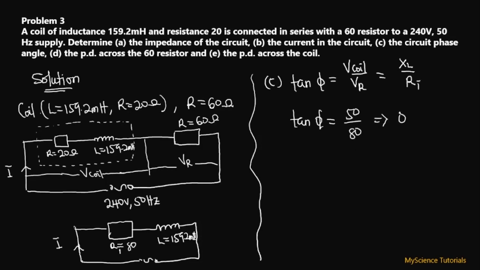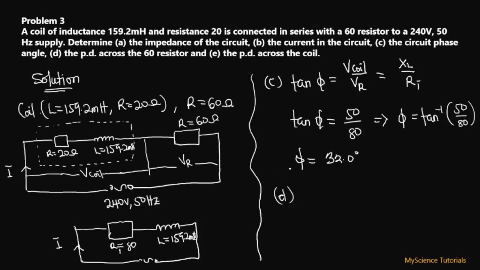This means our phase angle is equal to the tan inverse of the ratio 50 to 80, or 5/8. So our phase angle is going to give us 32 degrees.